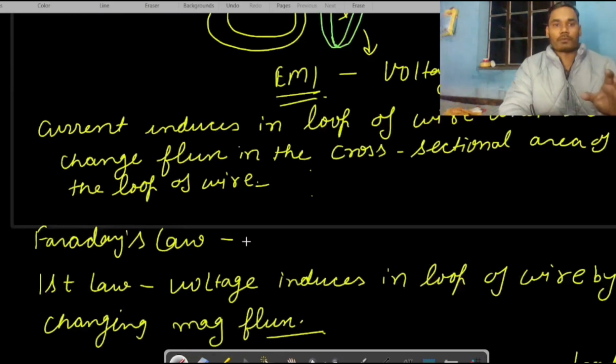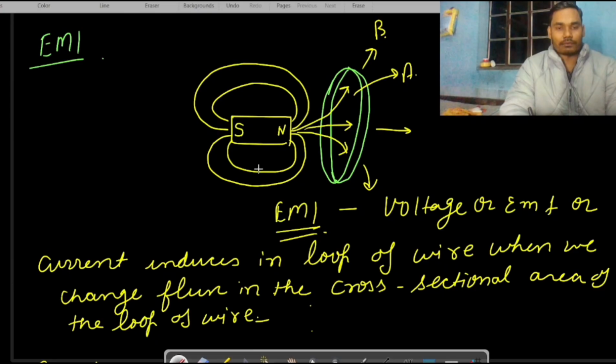So when we move this magnet, then magnetic flux will indeed change. But when I quickly move this magnet, when we increase the speed, when we increase the frequency of this to and fro motion, then the induced EMF will be larger, the current will become larger.